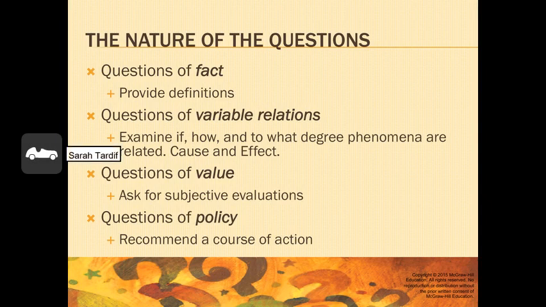There are different kinds of questions that can be asked. Questions of fact, questions of variable relations. Remember, variables are just concepts that we're interested in. So we want to know, are these things connected? We're going to talk about cause and effect a little later, but take individual differences or attachment theory.